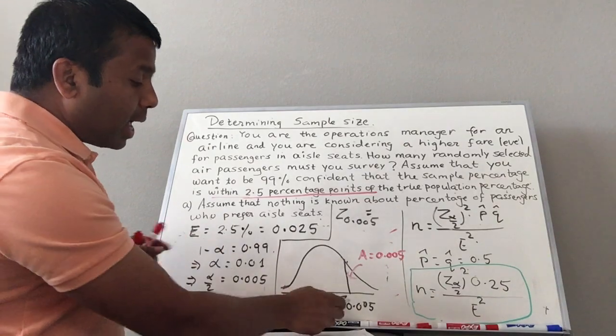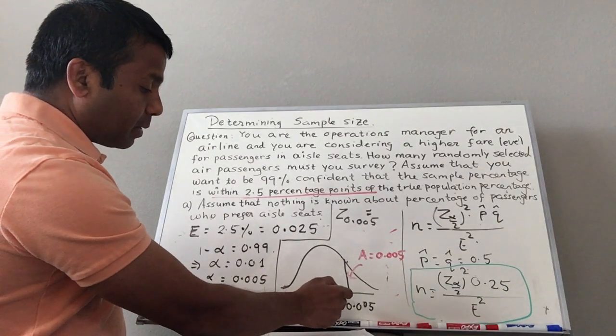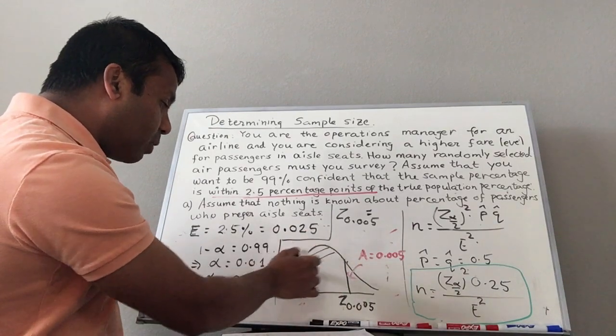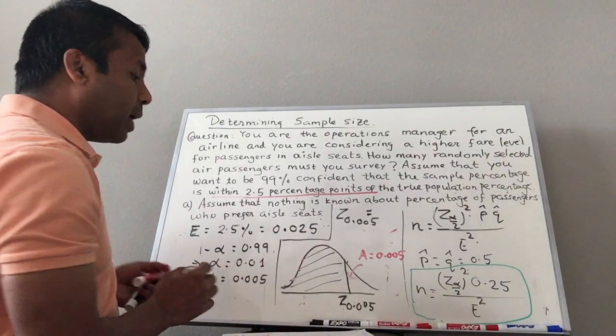And to find the value of this Z.005, you need the area to the left, okay?